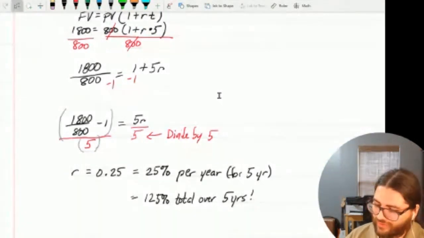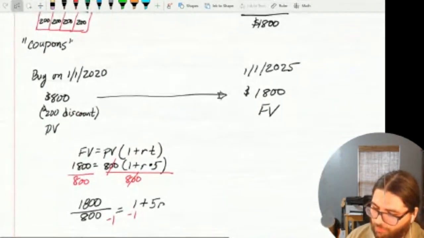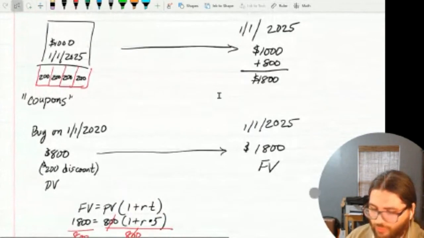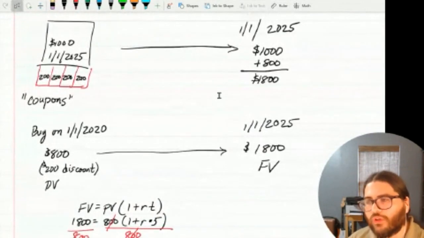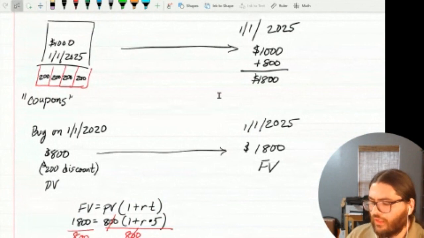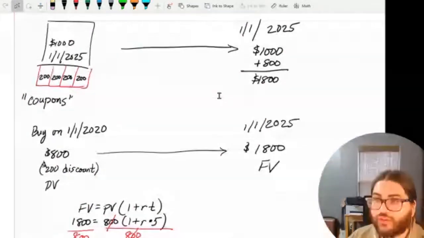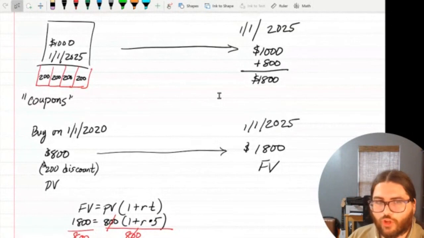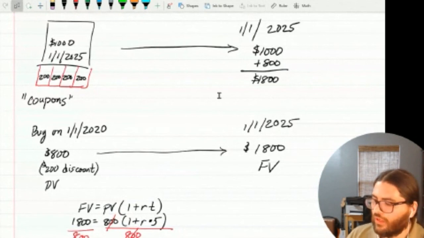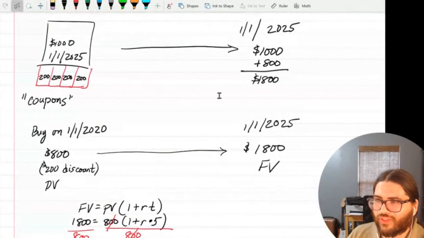I know that it seems a little silly to talk about this bond, which is not super complicated, but not a straightforward money in, money out situation with all the coupons, trying to force that into a simple interest situation. But it actually does work. The coupons are always the same dollar amount and come at regular intervals, they usually do, and that is a simple interest thing.